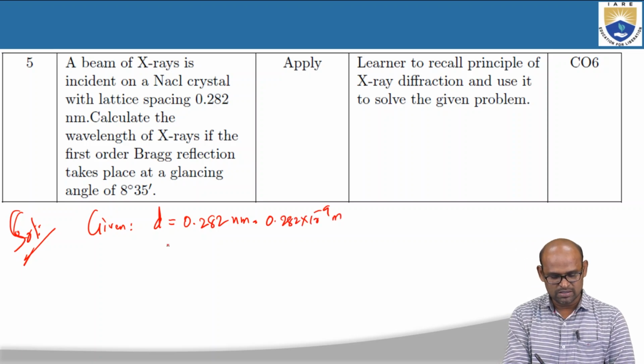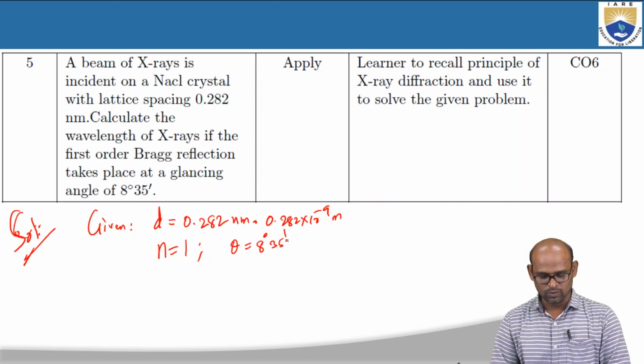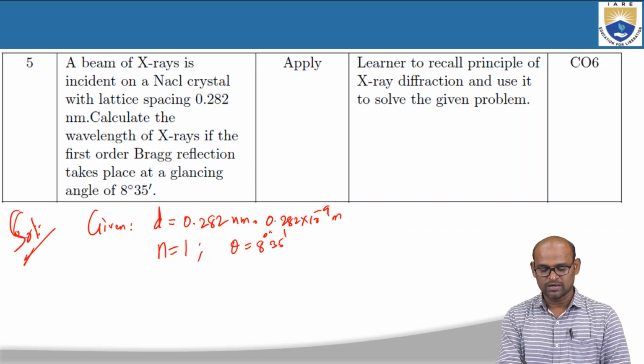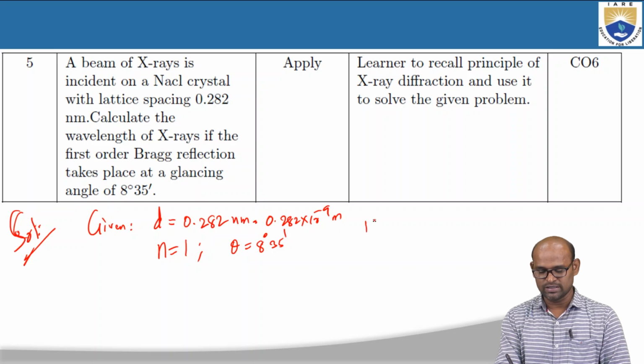And they have also given us the first order diffraction. So n is equal to 1. And glancing angle or diffraction angle is 8 degrees 35 minutes. One can convert this into degrees, because 1 degree is 60 minutes.